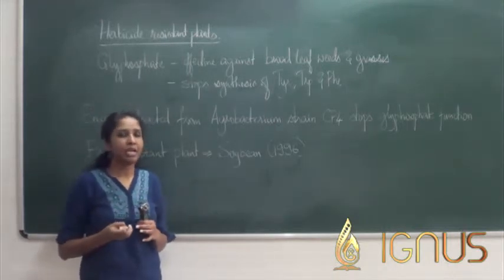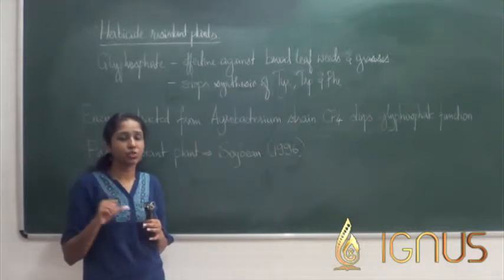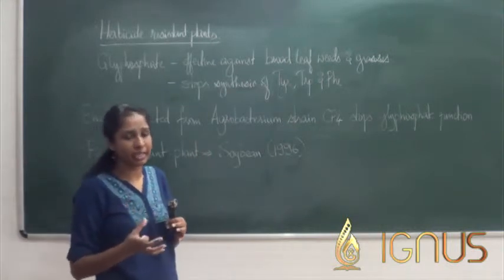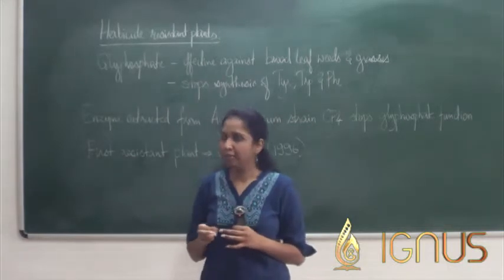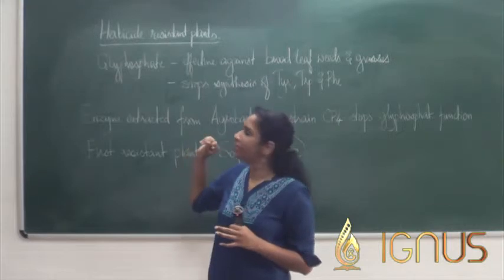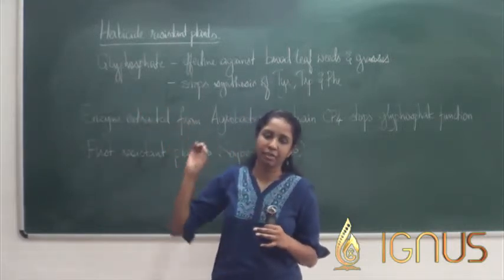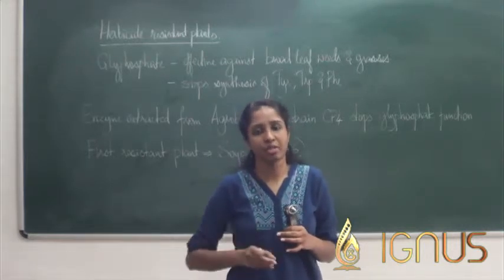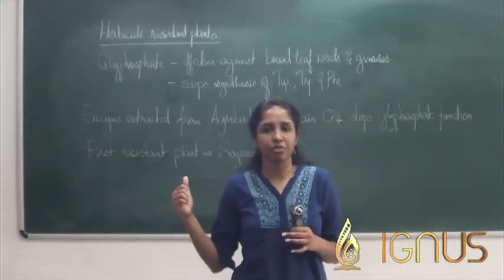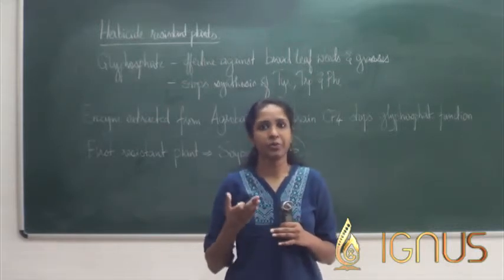Now the agricultural biotech application in this case was to create a transgenic plant which would be stopping the function of glyphosate in itself, meaning that the plant will not be any more susceptible to the herbicide glyphosate. So even if you put glyphosate onto the plant, it is not going to kill the plant.